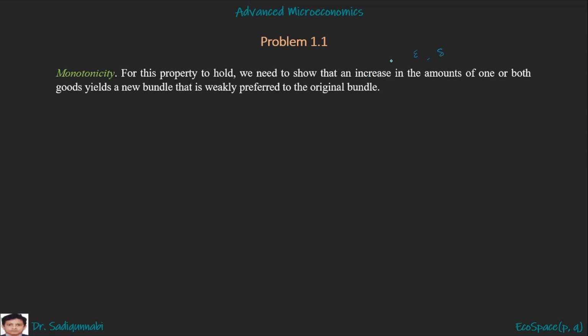We increase the first component by epsilon and see whether monotonicity is applied, or if we add delta and see whether monotonicity is applied or not. And the condition is that epsilon is positive. Delta is also positive, but a very small amount.